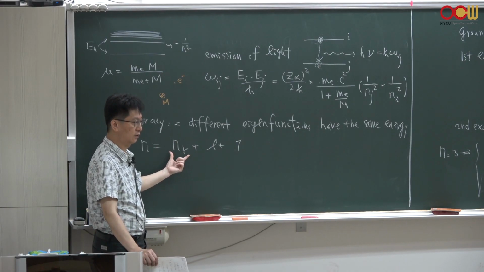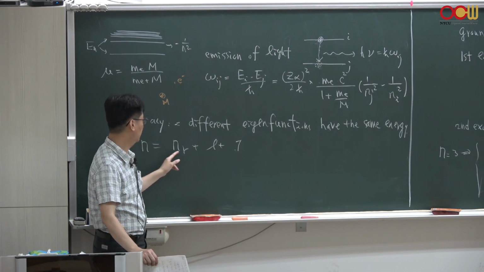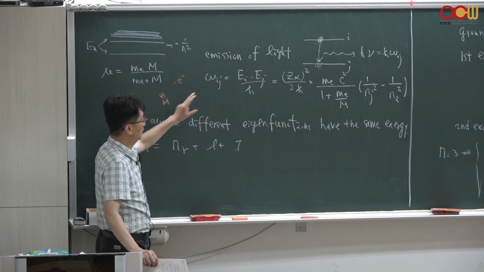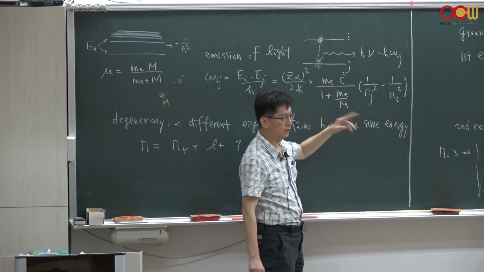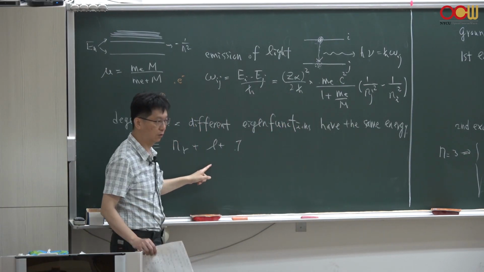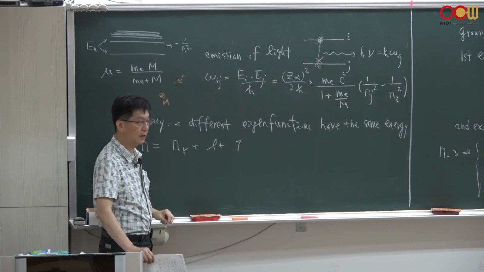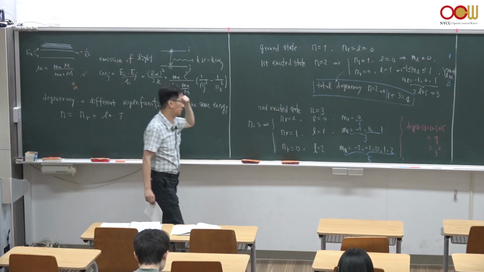As long as the sum of the three numbers are equal, I don't care whether this is 1 plus 2 or 2 plus 1. Because the eigenenergy depends only on this 1 over n squared, it doesn't depend on nr or L, so you cannot distinguish all these different eigenstates with the same energy. Okay, so that's what we call this degeneracy.